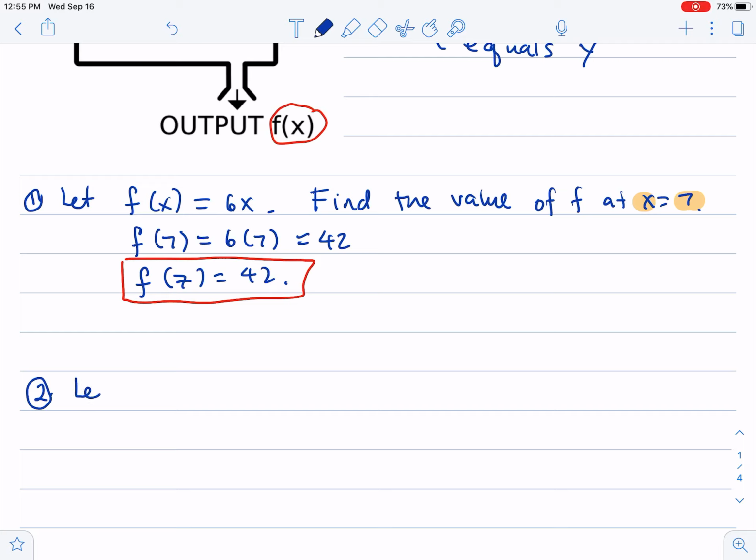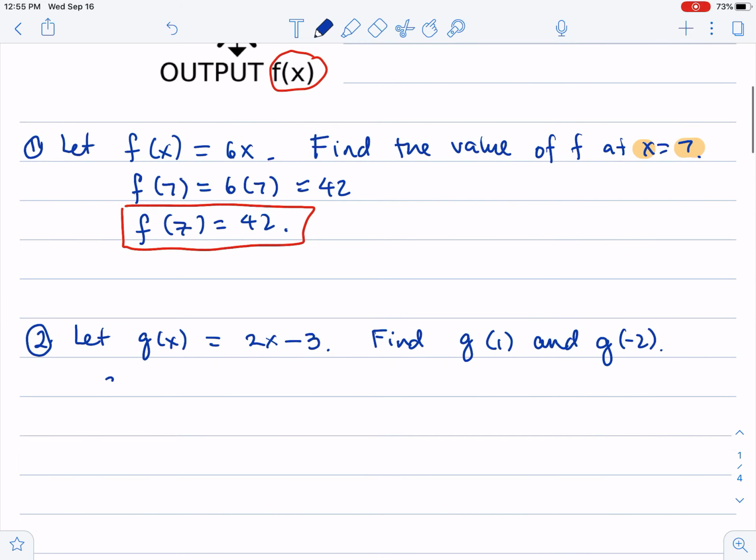So, let g of x be equal to 2x minus 3. So, dito g naman yung pangalan ng function natin, di ba? Find g of 1 and g of negative 2.